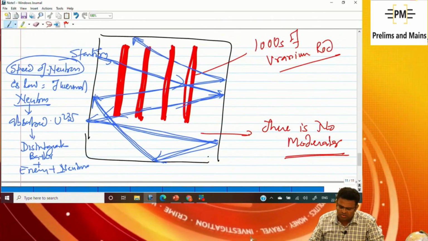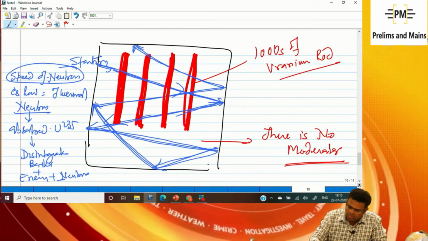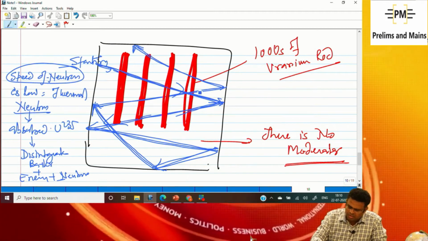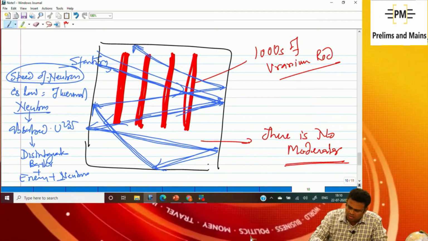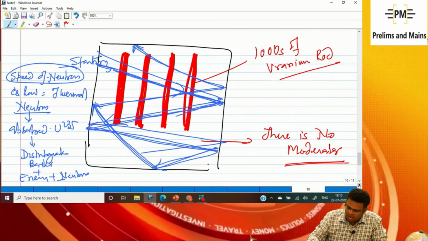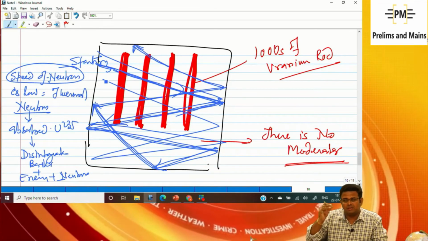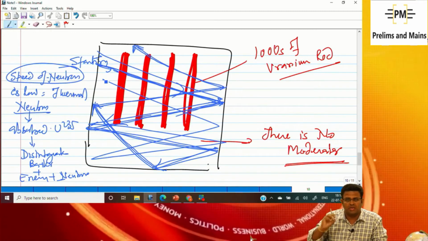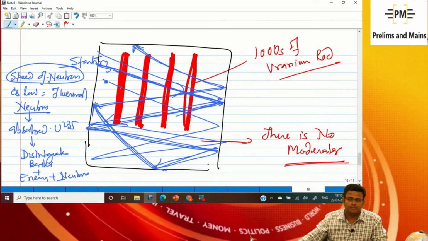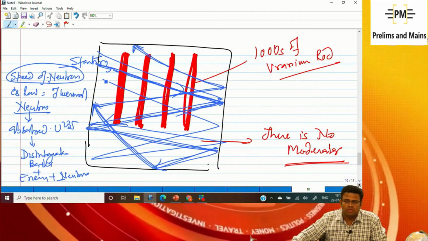Do not get into the science too much, beta. It moves here, comes here, collides, and after each collision, after a certain number of collisions, its speed will reduce and it will be absorbed by uranium-235.